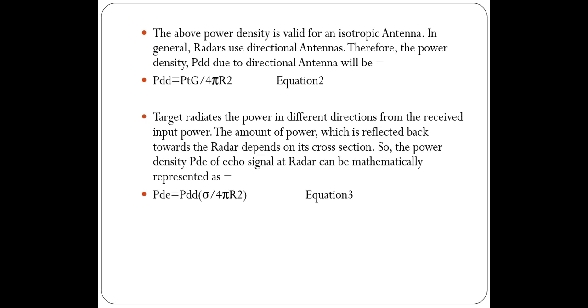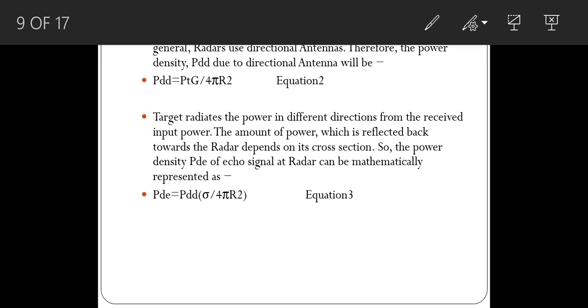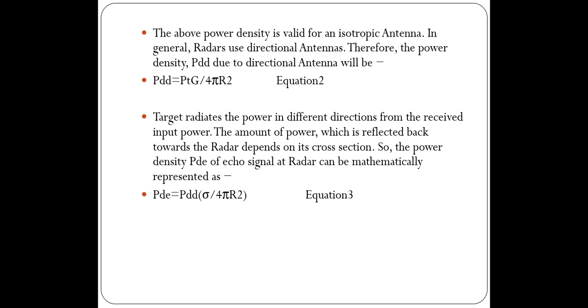The power density at a distance R from a directive antenna of power gain G can be given as in equation number 2. In general, radars use directional antennas, therefore the power density due to a directional antenna will be, so we need to add here the gain G.